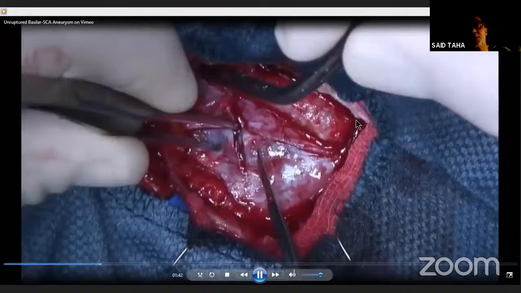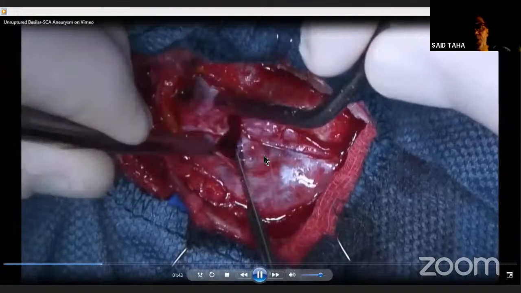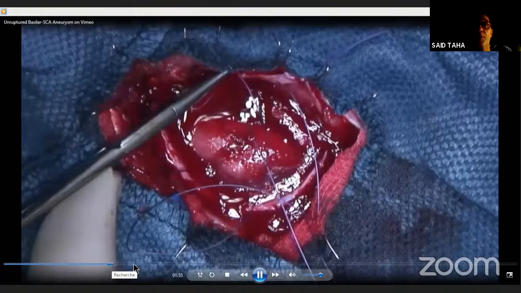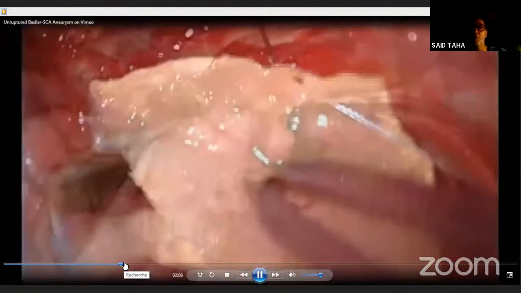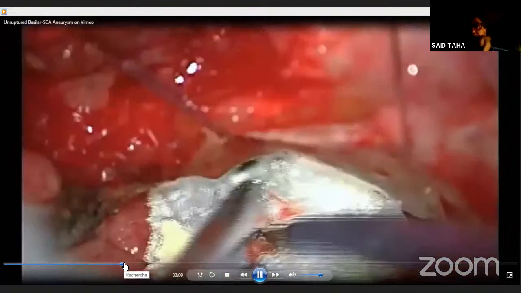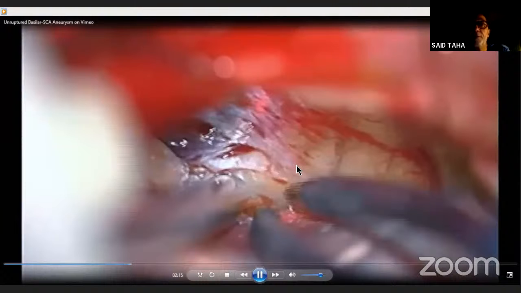After hemostasis, we open the dura, triangulation, suspension of the dura. Before, this is the tentorium. We go slowly.